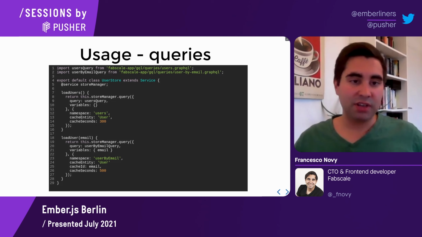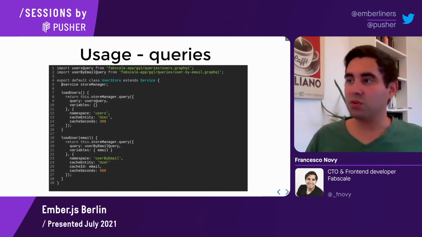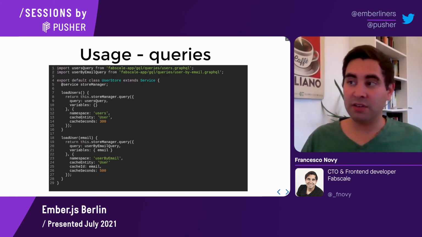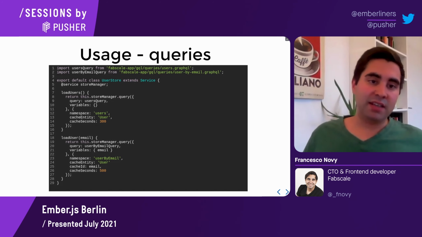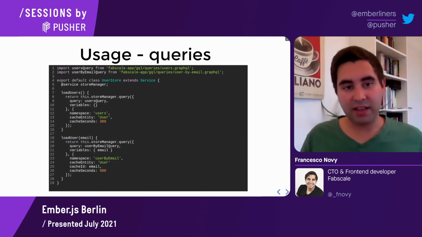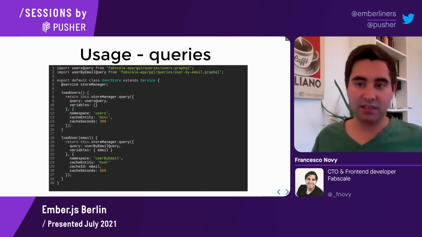The relevant thing really here is the cache entity and the cache ID. So we allow to give cache entity, which is really basically a namespace for how to store this, and optionally an ID. And then you can also define a cache seconds, which is after this amount of seconds, we want the cache to be invalidated.